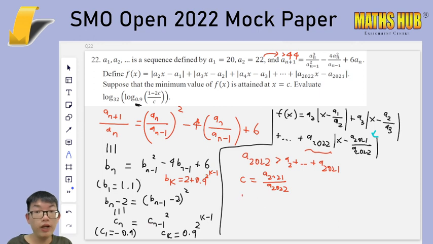It means that 1 over C is equal to A2022 over A2021, which is equal to B2021. And 1 minus 2C over C is 1 over C minus 2. So B2021 minus 2 is C2021. So you see where everything comes in.